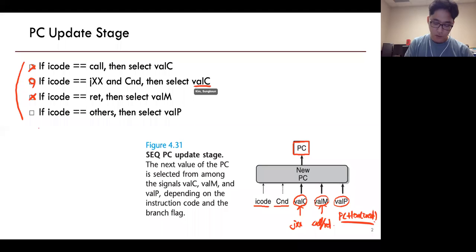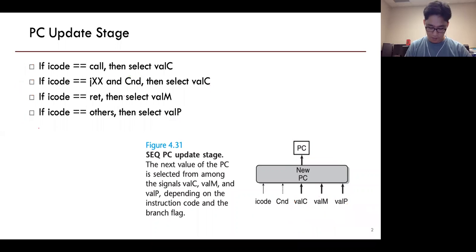Remember that we should jump only if the condition is true. Otherwise, we select valP. If the condition is not true, it falls into the valP case. Again, if icode is some other instruction, not call, not jump, not return, then we select valP as the next PC value.